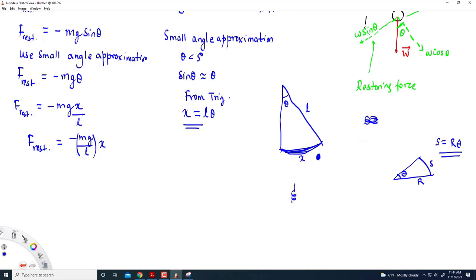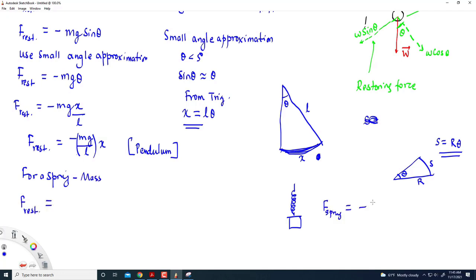So if I have a spring mass, what's the restoring force? This is for the pendulum. For a spring mass, the restoring force is negative kx, right?